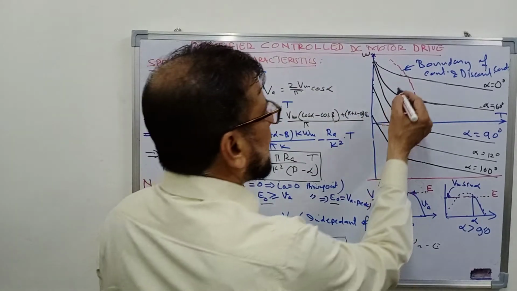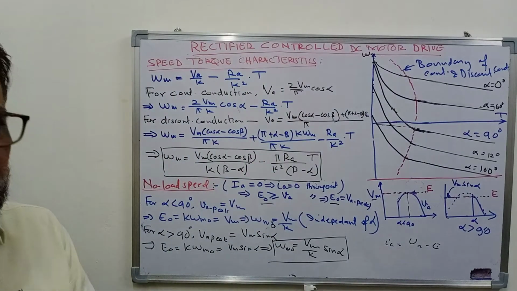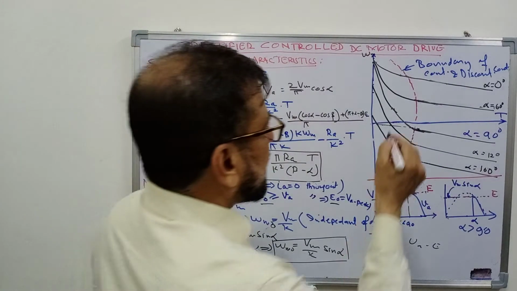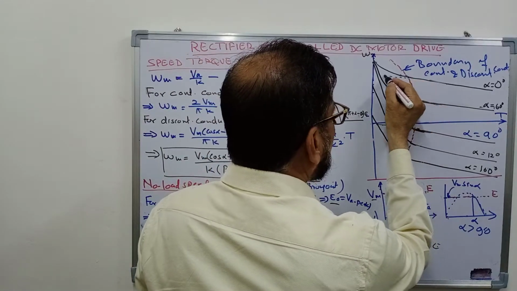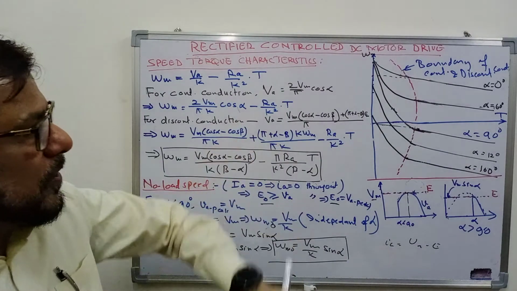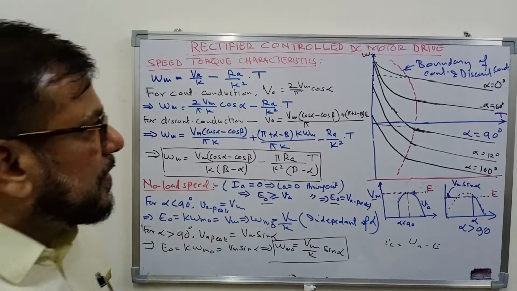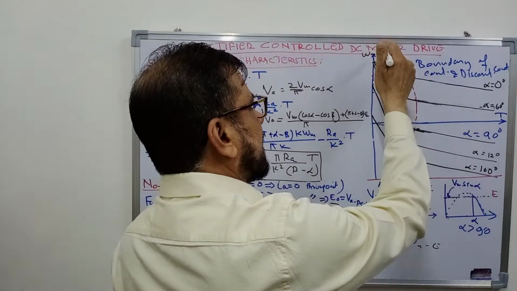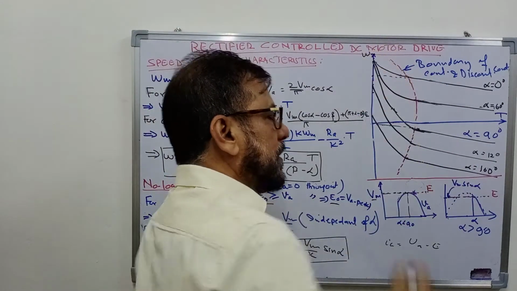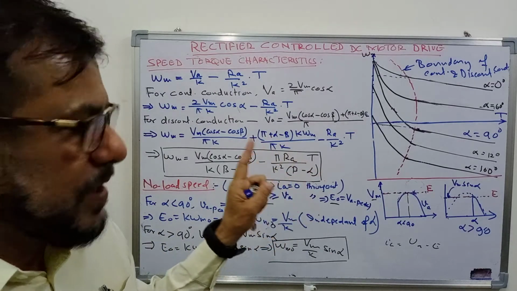And you can say that if, for example, the conduction was not discontinuous, in that case this would have been the no load speed. But because of discontinuous conduction, the characteristic becomes non-linear, the slope changes, and the no load speed in that case will be more than the no load speed in the continuous conduction.